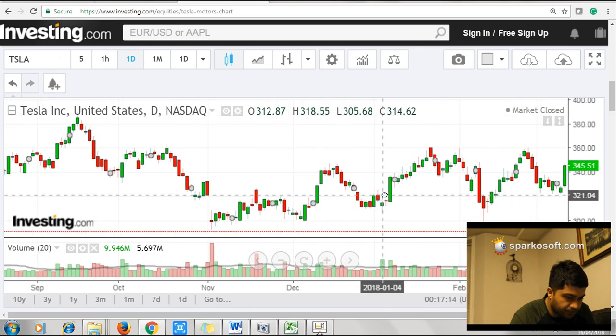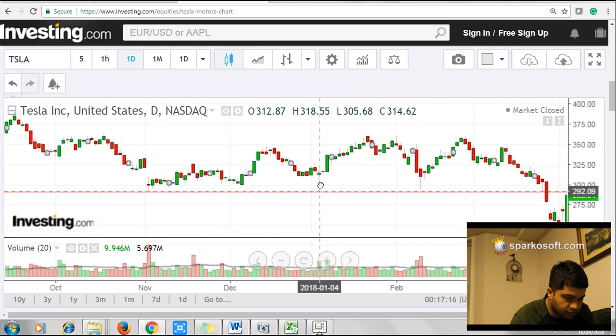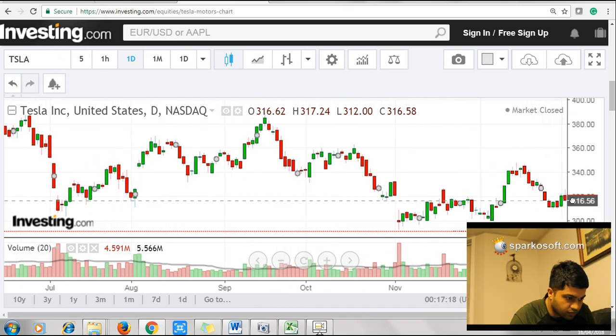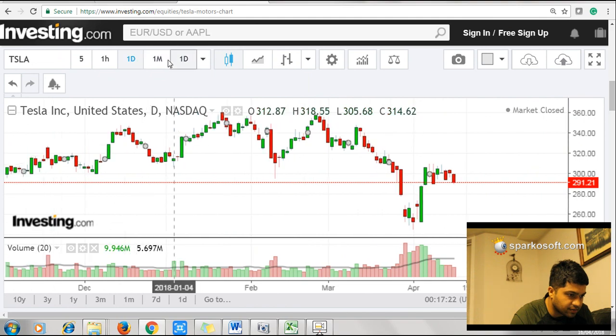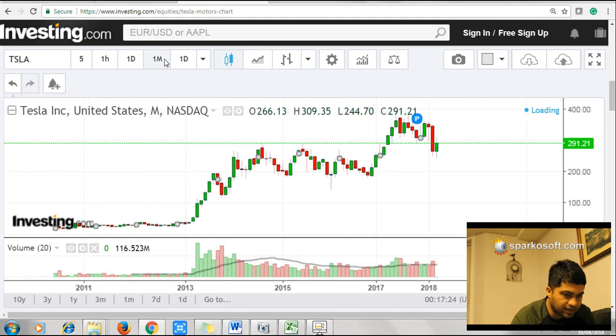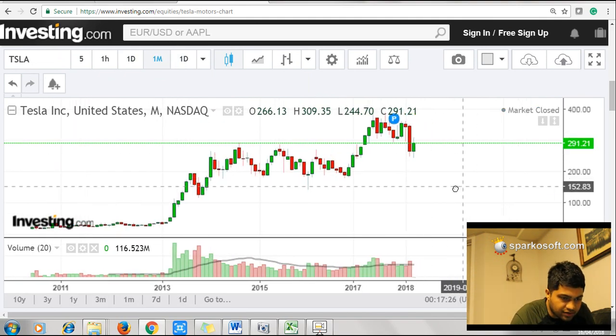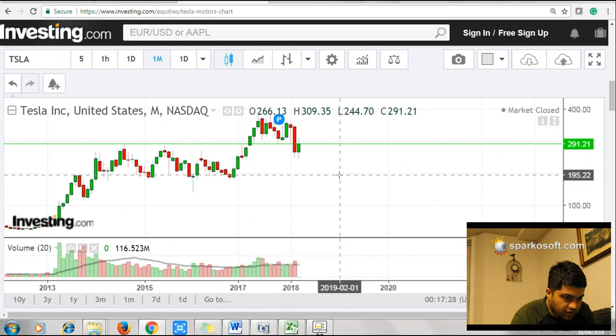So let me identify a good candle to discuss. Let's go for the monthly chart. Yeah, this is better. So a candle also has four data points.